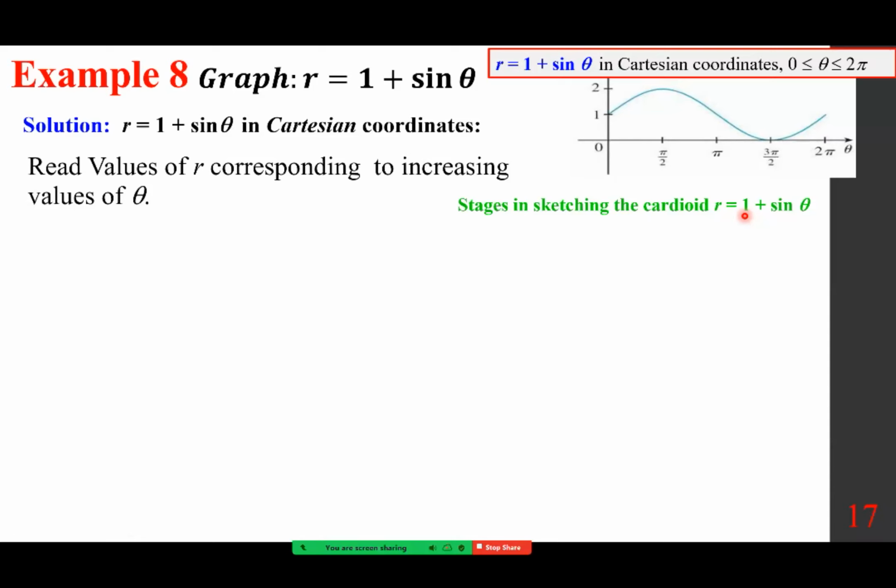As you recall, we had 4 arcs: 1, 2, 3, 4. So as theta increases, look at this one. We go from 0 to pi over 2, and the value of y goes from here to here, from 1 to 2. So as theta increases from 0 to pi over 2, R increases from 1 to 2.